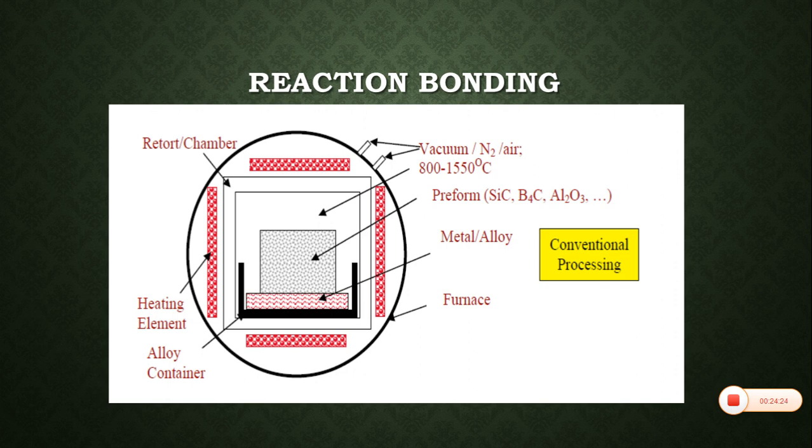For the fabrication of silicon nitride, powder of silicon is shaped or preformed into the desired shape, and then it is heated at atmospheric pressure in a nitrogen gas environment at a temperature of 1250 to 1400 centigrade. So silicon nitride can be fabricated by using this reaction bonding method.